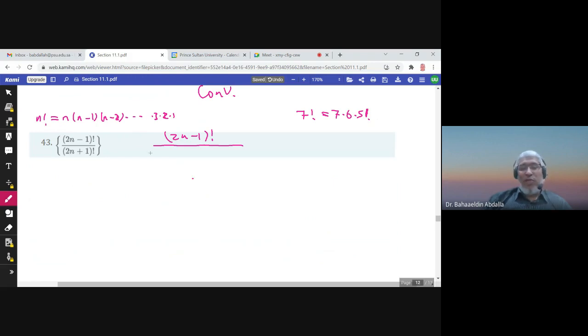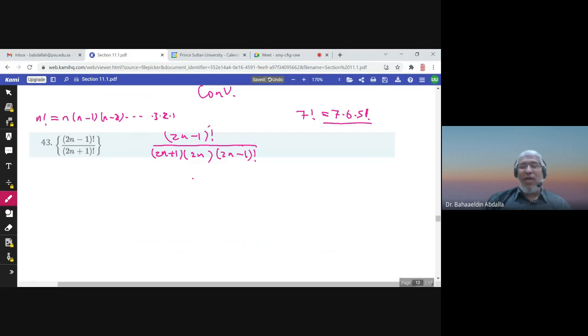So 2n plus 1, I will write it 2n plus 1 times, subtract 1, because n minus 1, we subtract 1. So 2n times, subtract 1, 2n minus 1. Oh, I have 2n minus 1 here, so I'll stop here and I put a factorial.